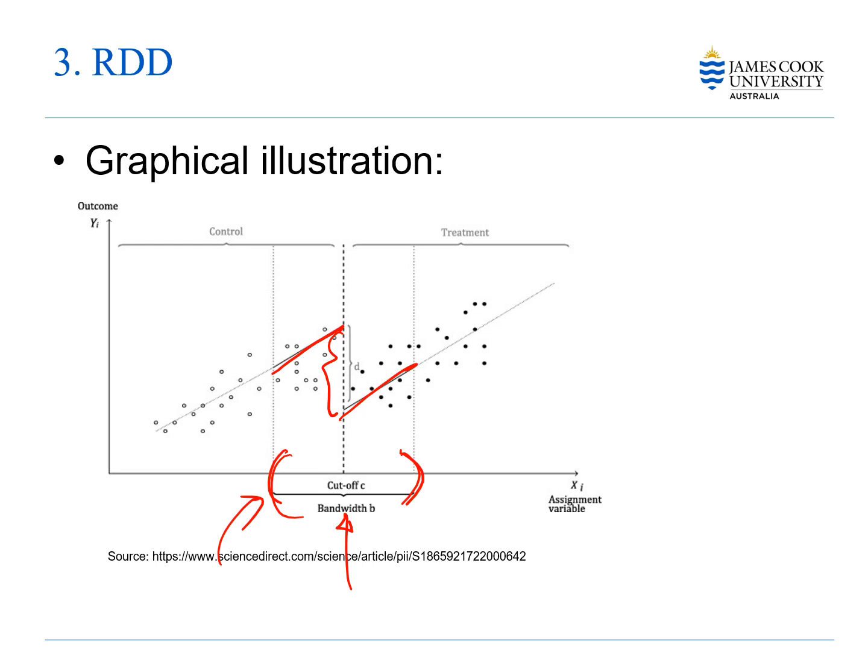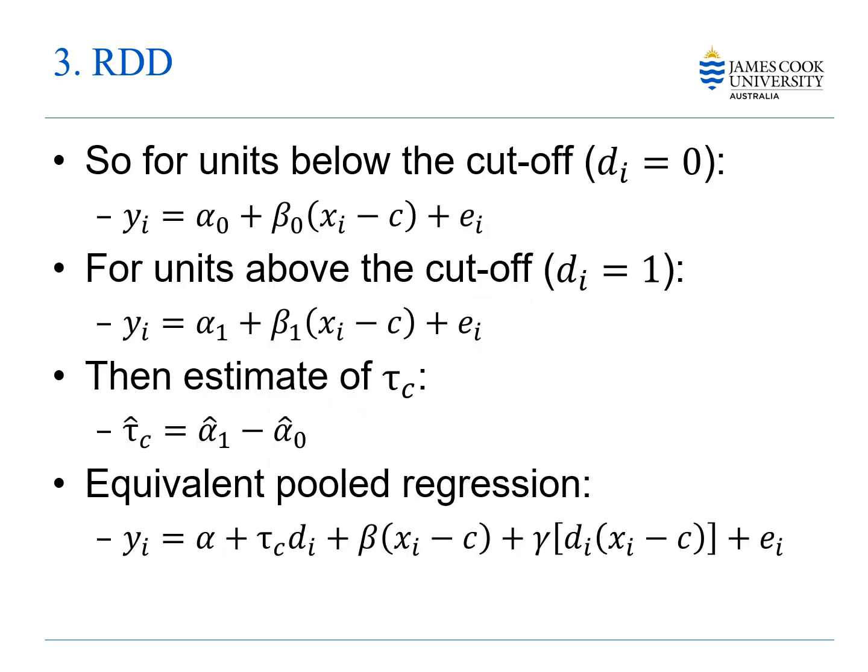So that's a graphical illustration of this regression discontinuity design. Actually, it's a sharp design here. For the units below the cutoff, we run a regression of the actual outcome against xi minus c.